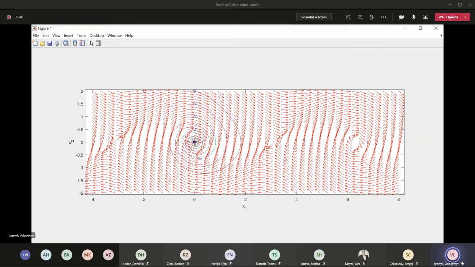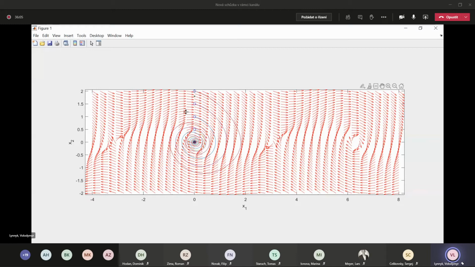This example is from the Khalil book, example 2.3, and you can see that if we start, for example, here we go to the equilibrium point, and when we start here we go to the equilibrium point.